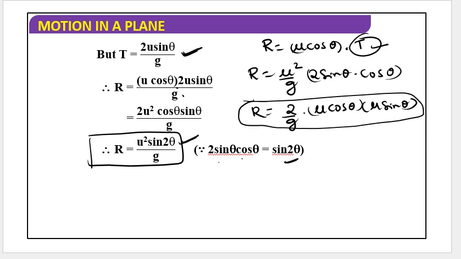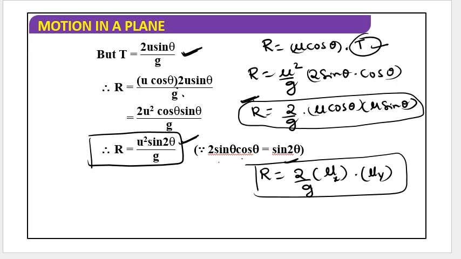Whenever we are doing problems, we can use these three formulas.